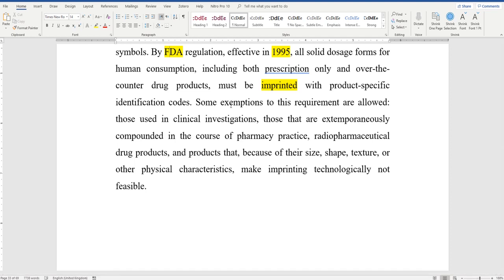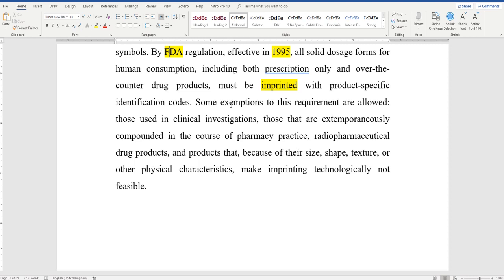Before I talk about polishing, as I said, from 1995 all tablets must have some kind of identification. The reason for that is, especially in USA and also some other countries, the tablets might be supplied without the manufacturer packaging, and the pharmacist might provide it by mistake without proper labeling, and the patient by mistake might throw the package away and use the tablets.